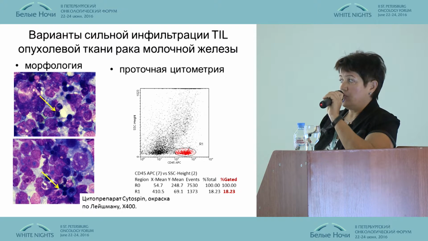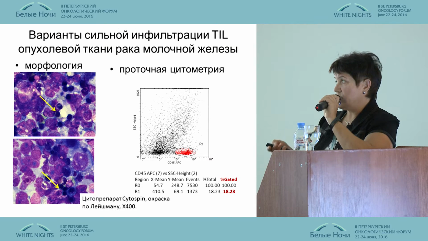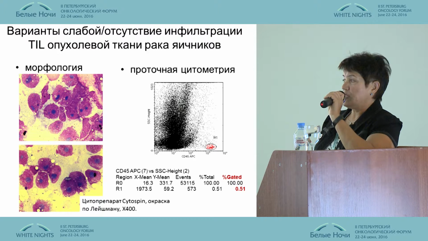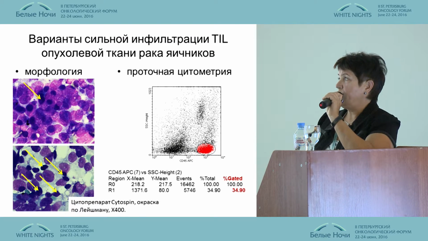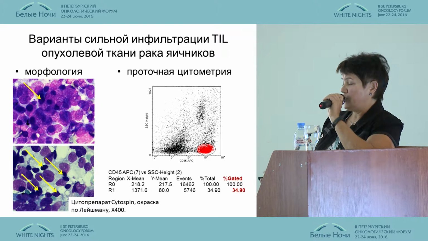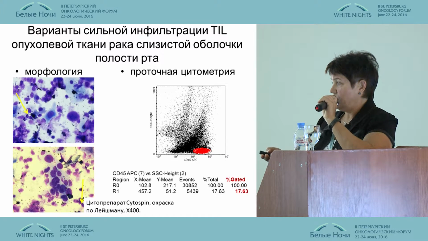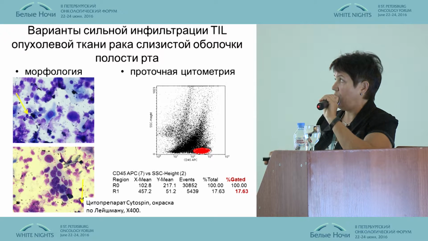Another case is breast cancer, and in this case our data was not different from other global data. Ovarian cancer, with very extensive infiltration, almost 35%. Oral mucous cancer, absence of pre-morphological research, and again a different scenario.